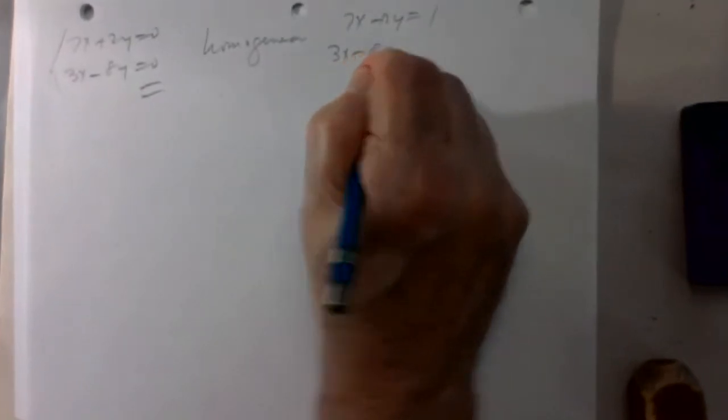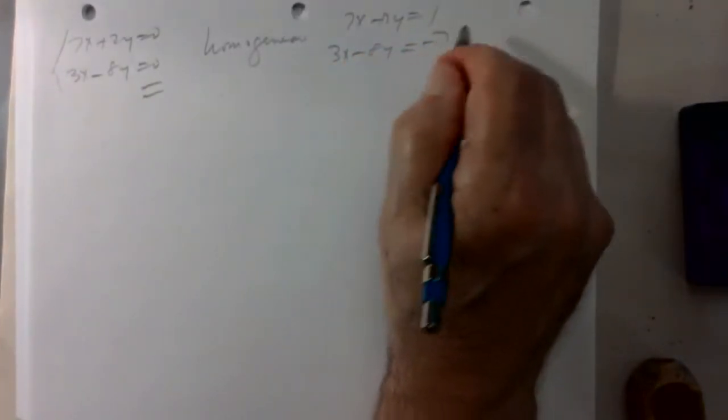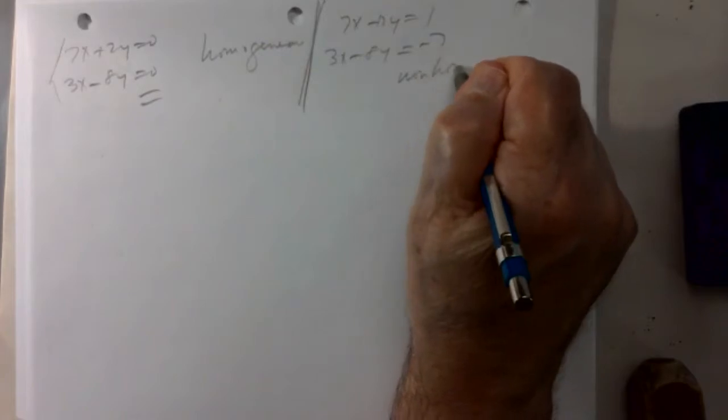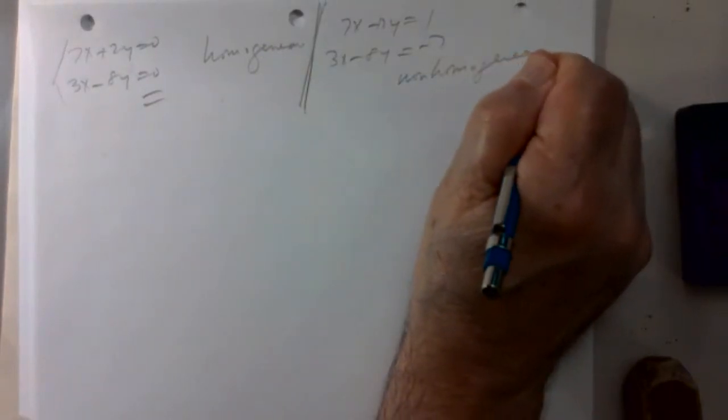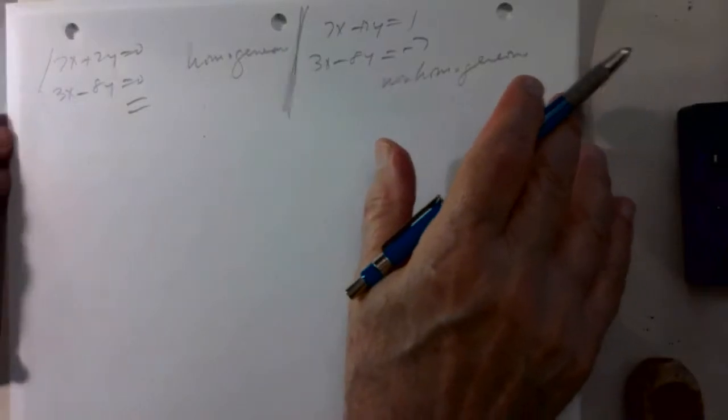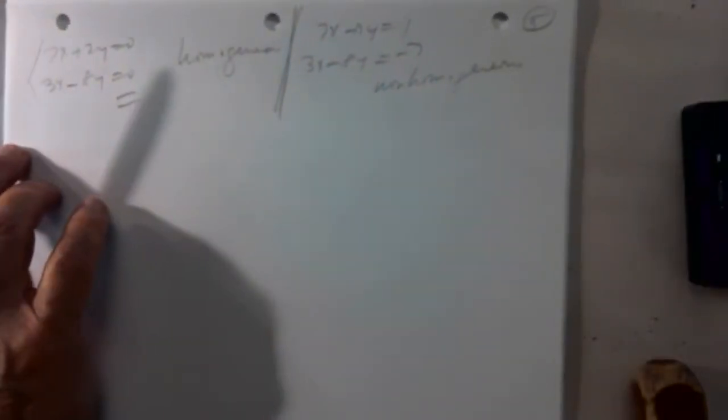And if you had the system 7x plus 2y equals 1 and 3x minus 8y equals minus 7, this system was called non-homogeneous. So this is a kind of terminology that you've certainly seen before. So a second order differential equation is homogeneous if the right-hand side is 0, not homogeneous otherwise.